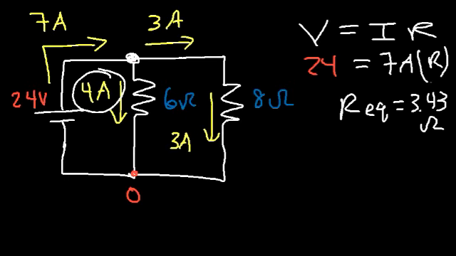If you type that in the calculator, you're going to get the same answer, 24 over 7, which is 3.43 ohms. So you can find the total resistance both ways.